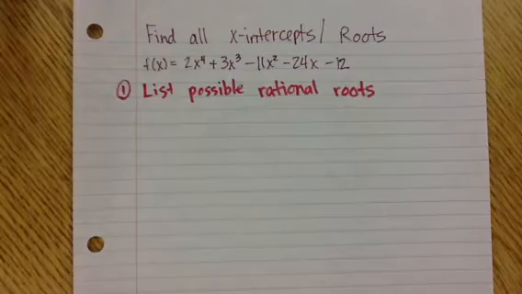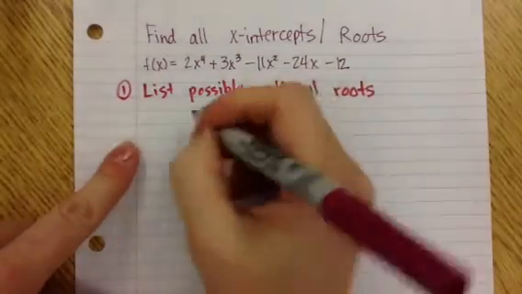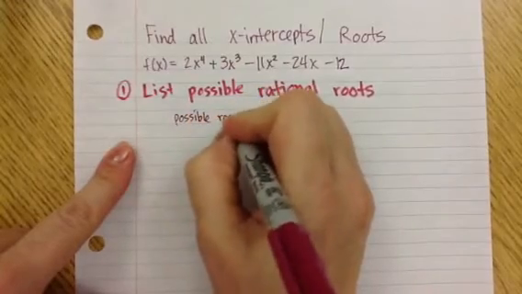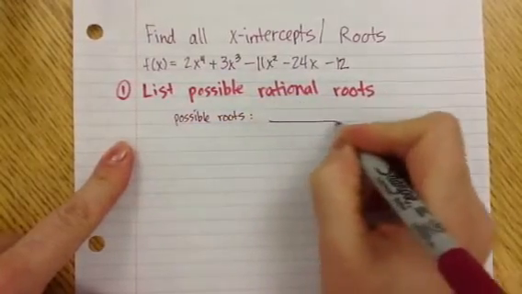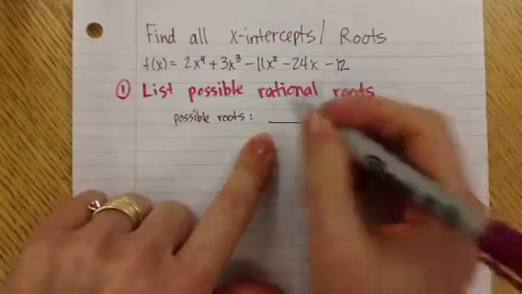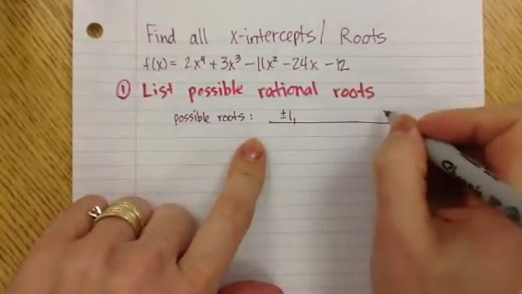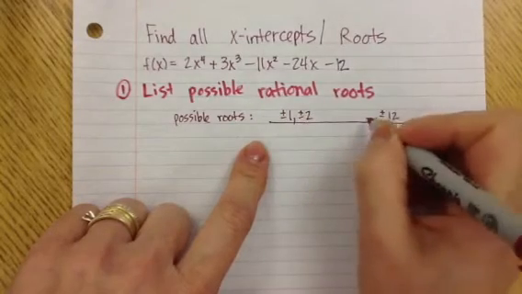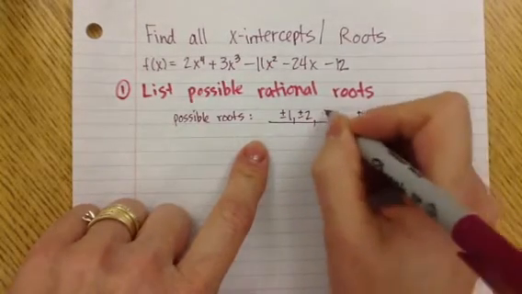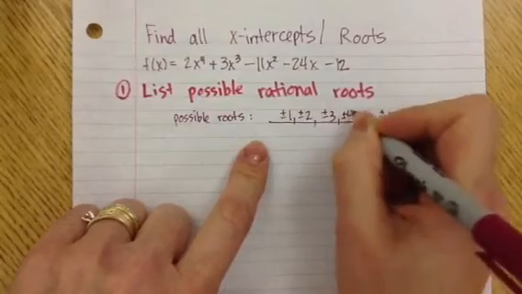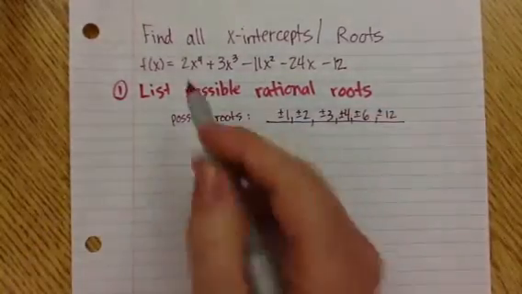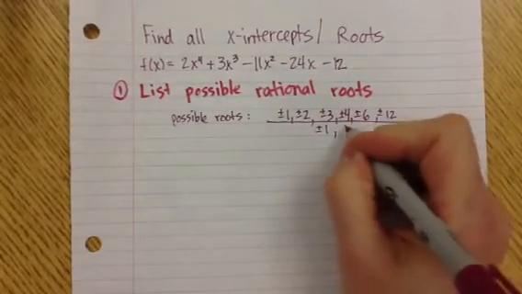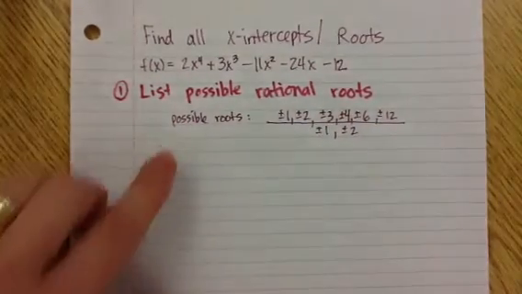So the possible rational roots for this function, we want to list factors of the constant term, so factors of 12: plus or minus 1 and 12, plus or minus 2 and 6, plus or minus 3 and 4, over factors of the leading coefficient, which is 2, so plus or minus 1 and plus or minus 2.